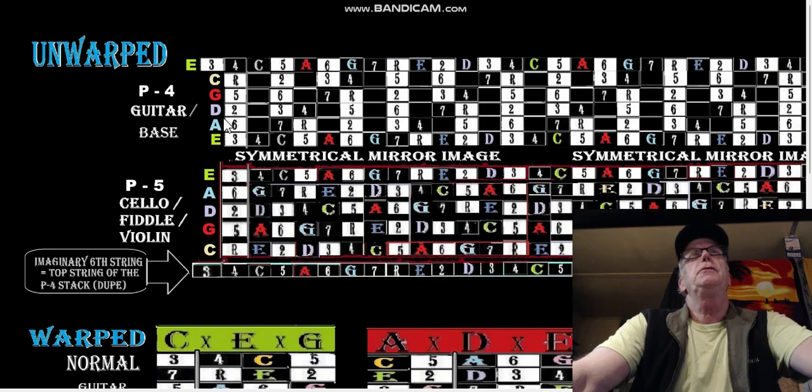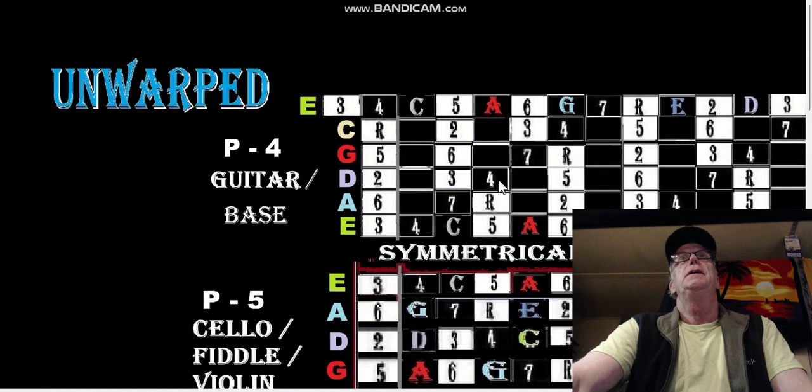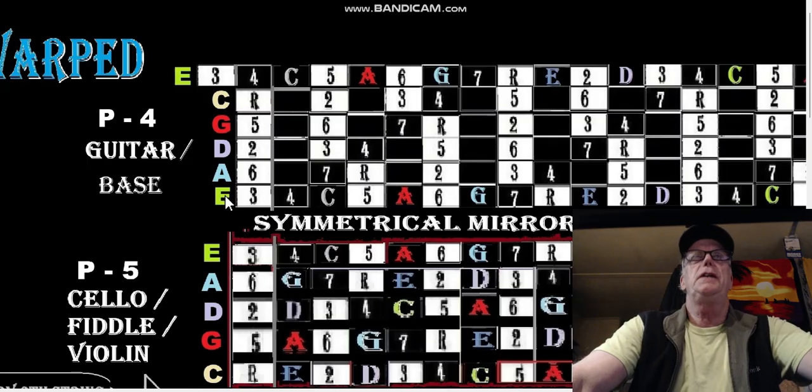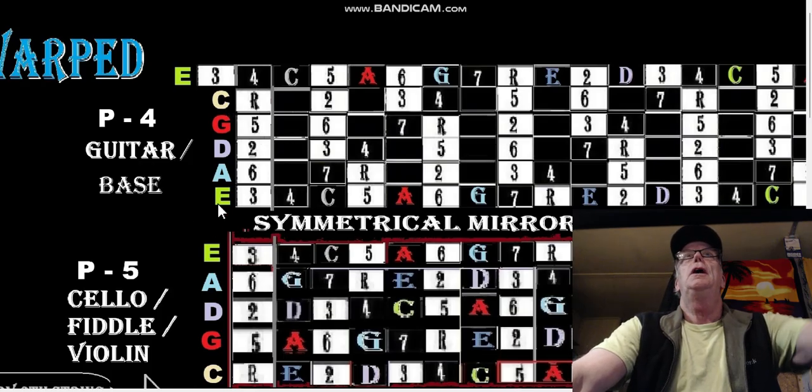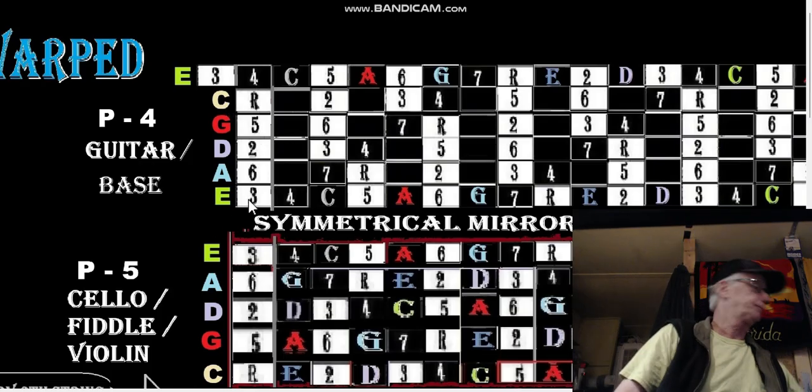Now the other reason why I put a C there is that's the string. This is not a key indicator. It's a string note indicator in this case. So I have to explain that. So we got the E, A, D, G, C notes in this particular way of tuning it.